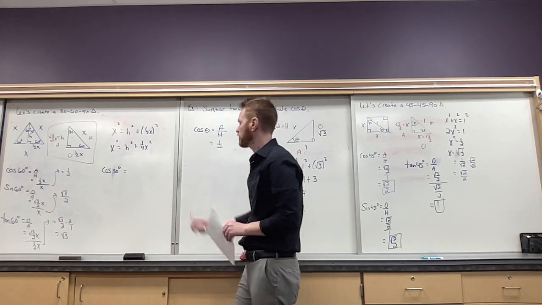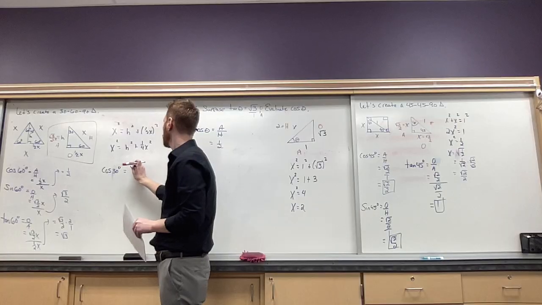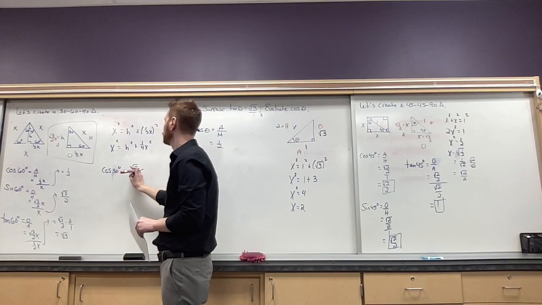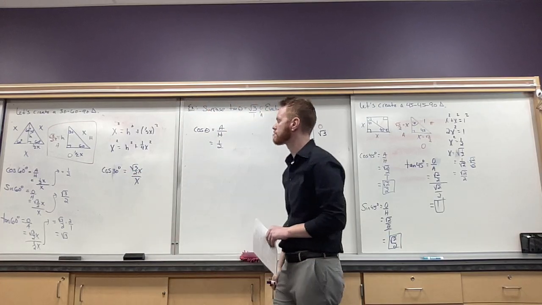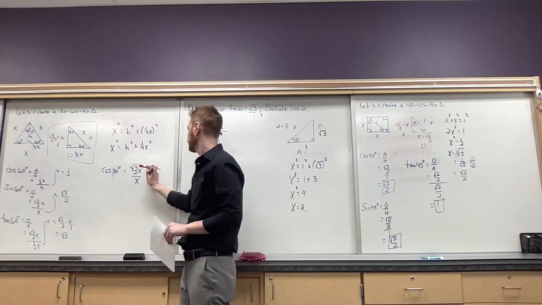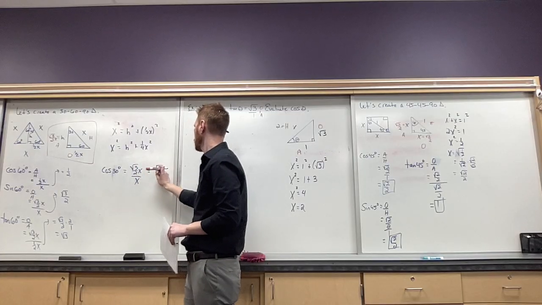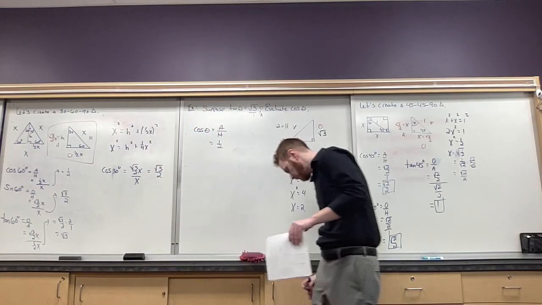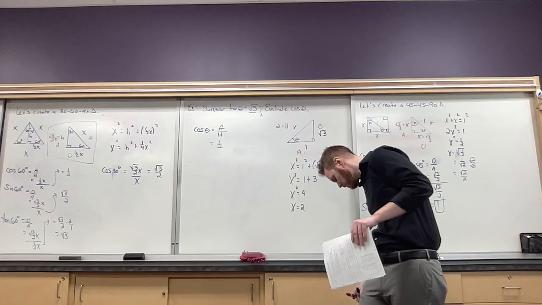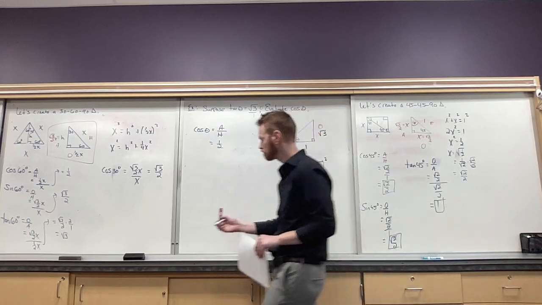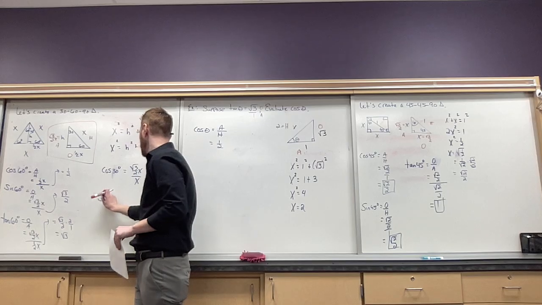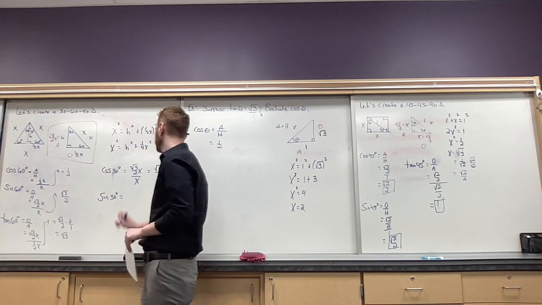So cosine of 30 is going to be square root of 3 over 2x over x. And the x's cancel, so it'll be square root of 3 over 2. So cosine of 30 degrees is square root of 3 over 2.